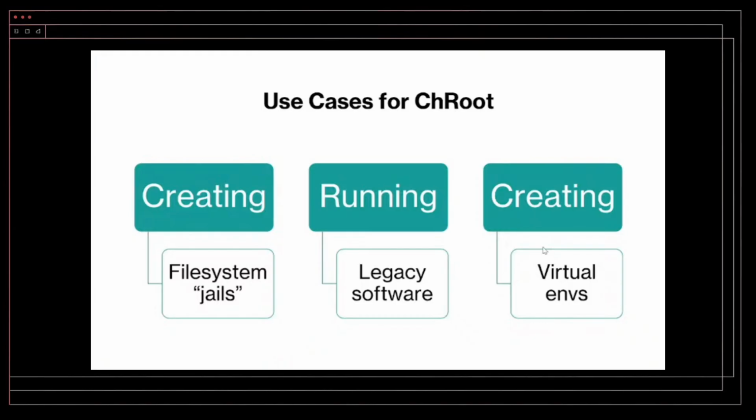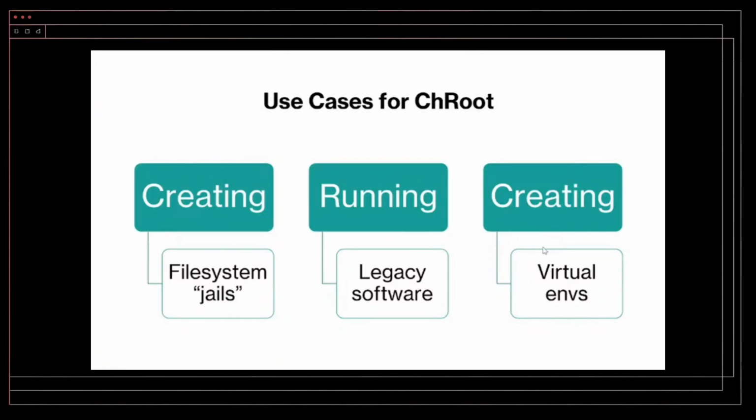I think this explanation might be reminding you of something, you know, putting all the dependencies in a folder and then running something. This might be triggering certain connections. You might be able to make the connection between this and maybe Docker. So all these things will come together. We'll get there. One more use case for chroot: you can create virtual environments through it.